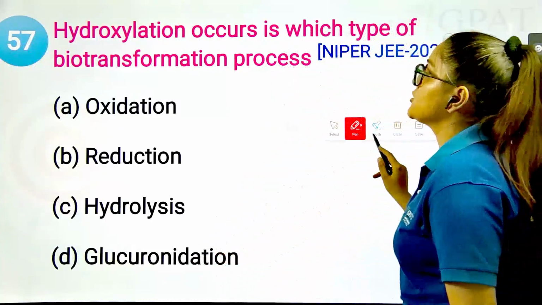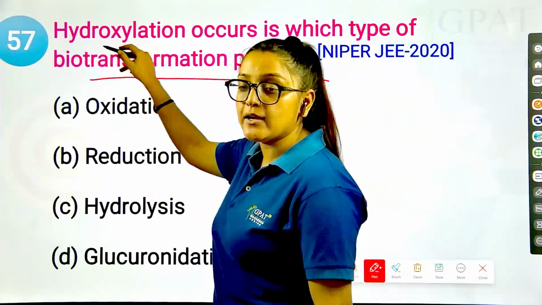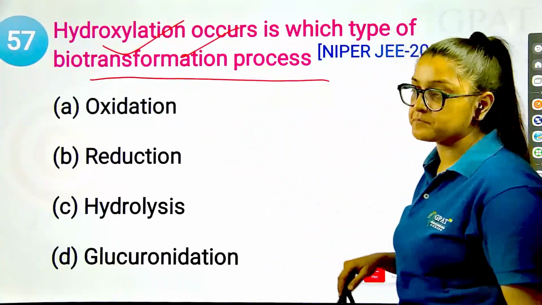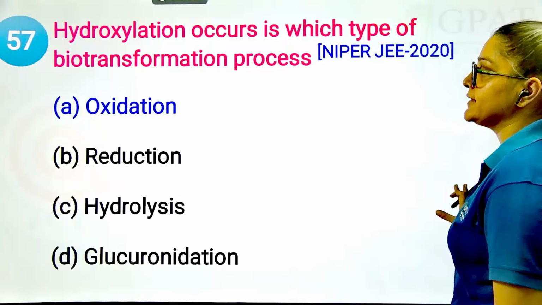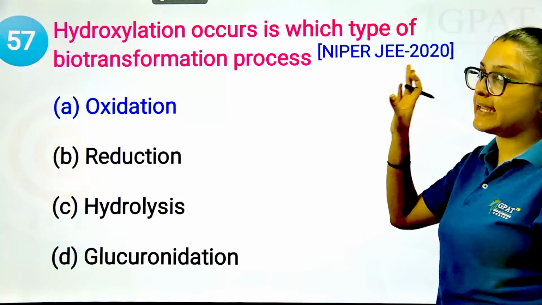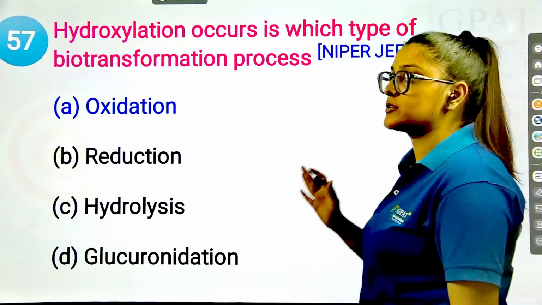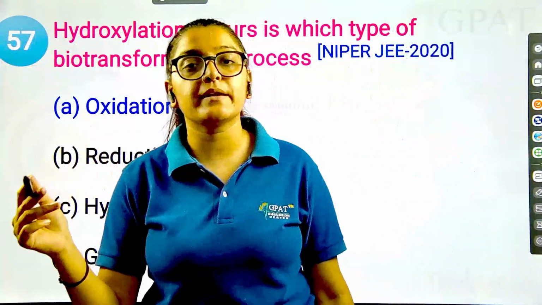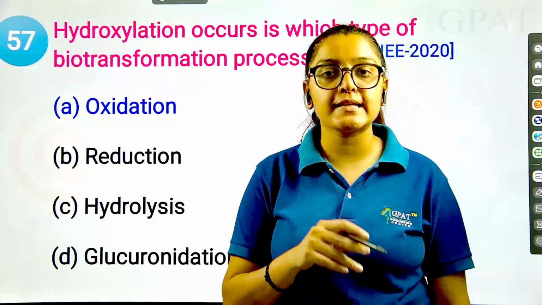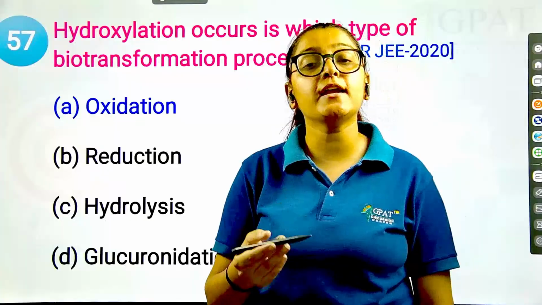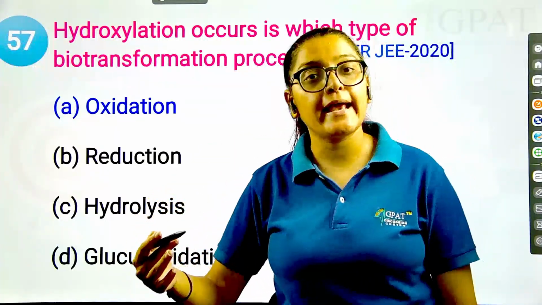Okay. Hydroxylation occurs in which type of biotransformation? So hydroxylation occurs mainly in oxidation, because, as the name suggests, oxidation is going to occur. This is a biotransformation process. You must remember from drug metabolism phase 1, phase 2. Phase 1 reaction includes functionalization reaction, where a functional group is added to make the drug molecule more polar, that is, easily excreted.